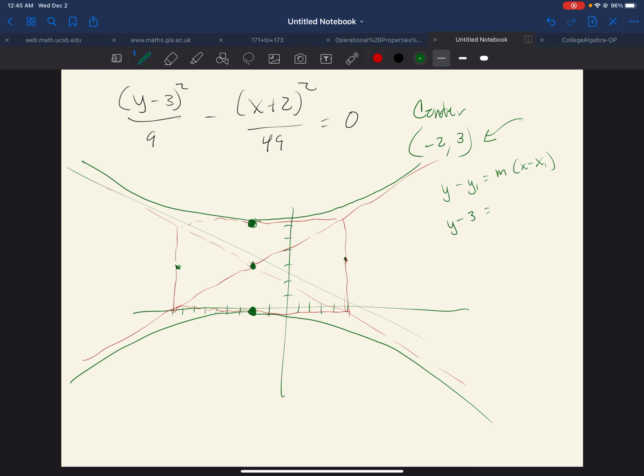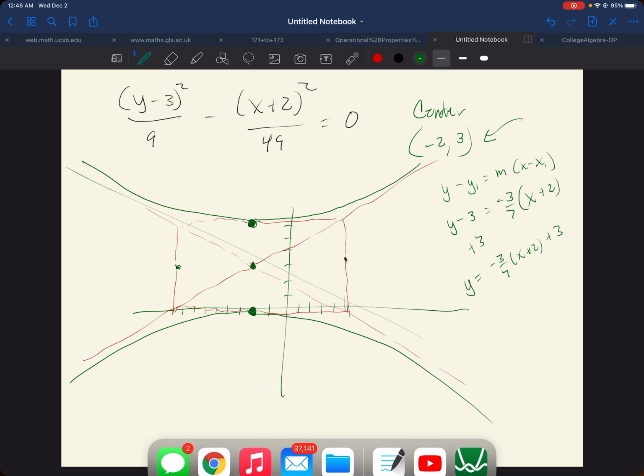It was negative 3/7, and then x minus negative 2 makes it plus 2. And then if I add the 3 over, I would get negative 3/7 times x plus 2, plus 3.